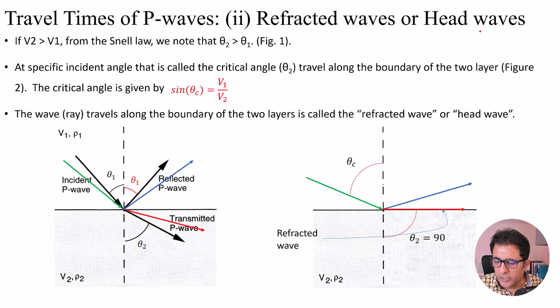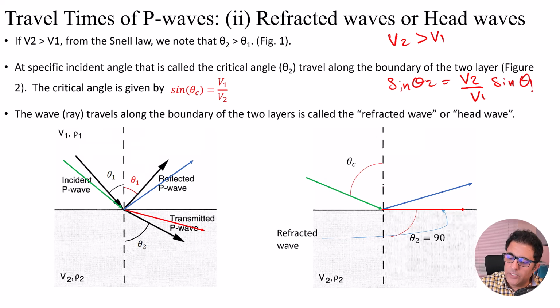Consider a geological model where V2 is greater than V1. According to Snell's law, we know that sine theta 2 is equal to V2 over V1 times sine theta 1.